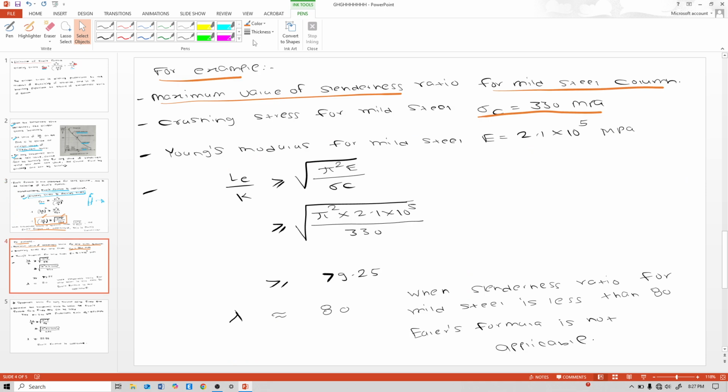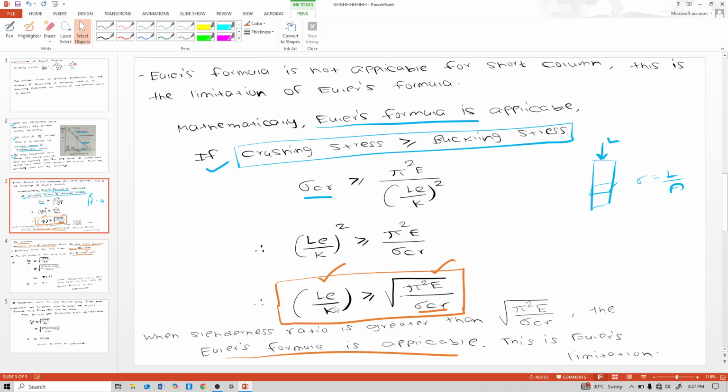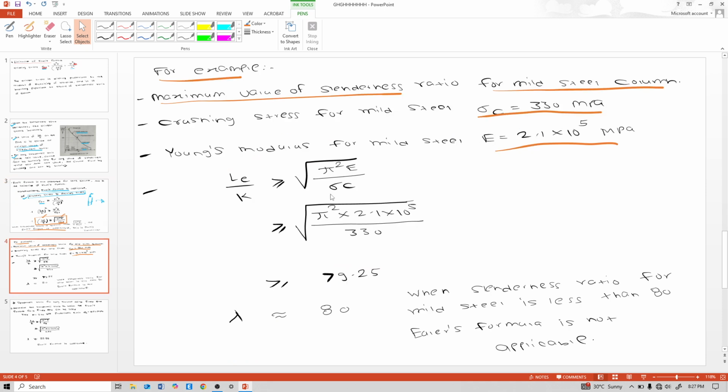Young's modulus of mild steel is 2.1 into 10 raised to 5 MPa, and just use the equation that we saw earlier: effective length upon least radius of gyration is greater than or equal to under root of pi square E upon crushing stress. So put in the values, pi square into 2.1 into 10 raised to 5 upon 330, and the slenderness ratio comes to 80.